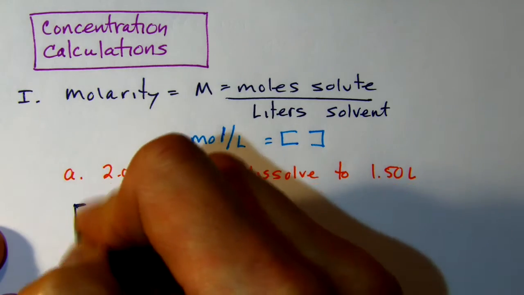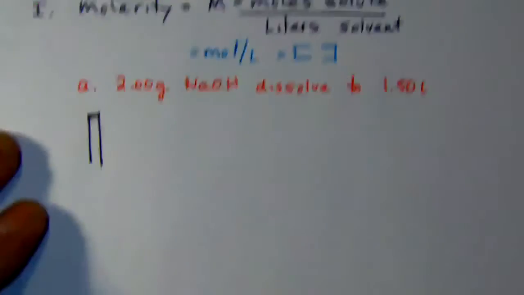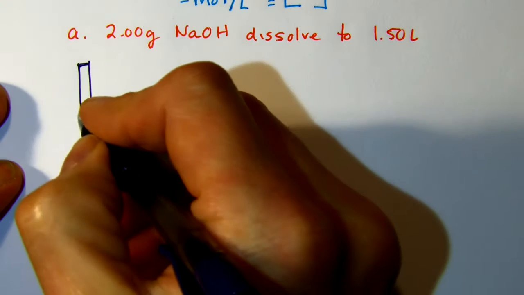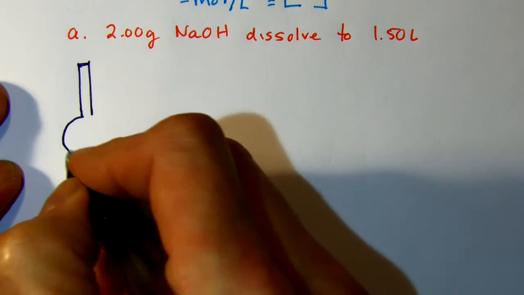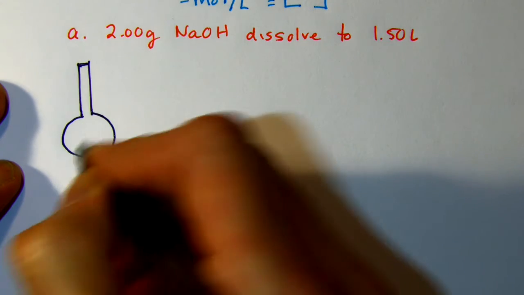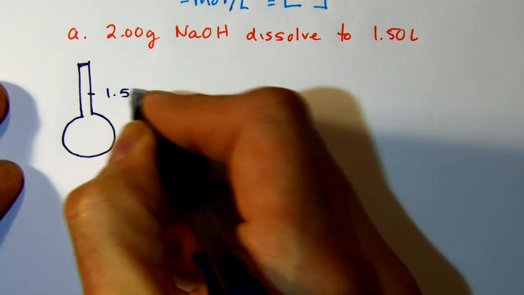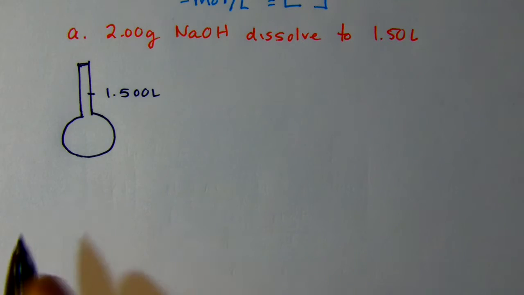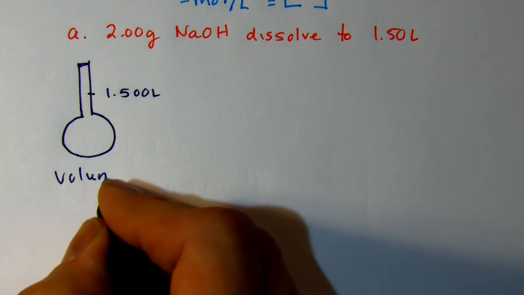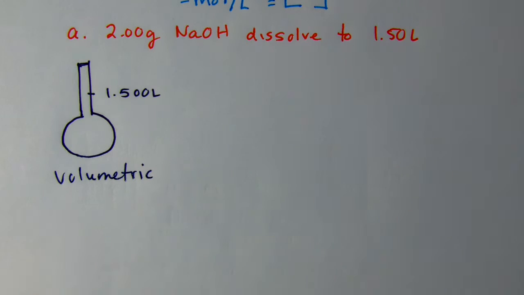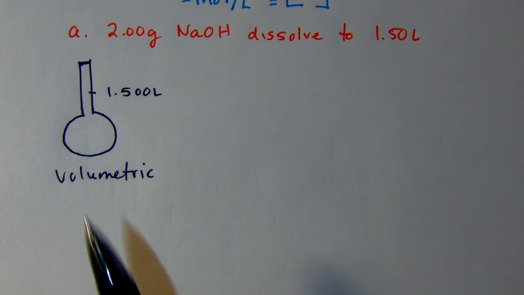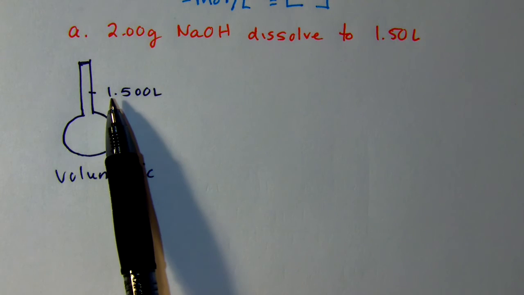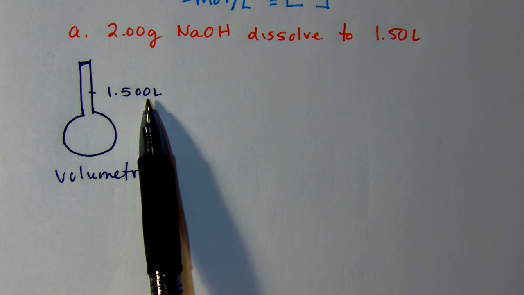Generally, when you make a solution in chemistry, if you're really trying to get it exact, you have this mark here on this volumetric flask. That's what this is called, a volumetric flask. And it's very exact, and it's very expensive, by the way, but it's exactly 1.500 liters at 20 degrees and so on.